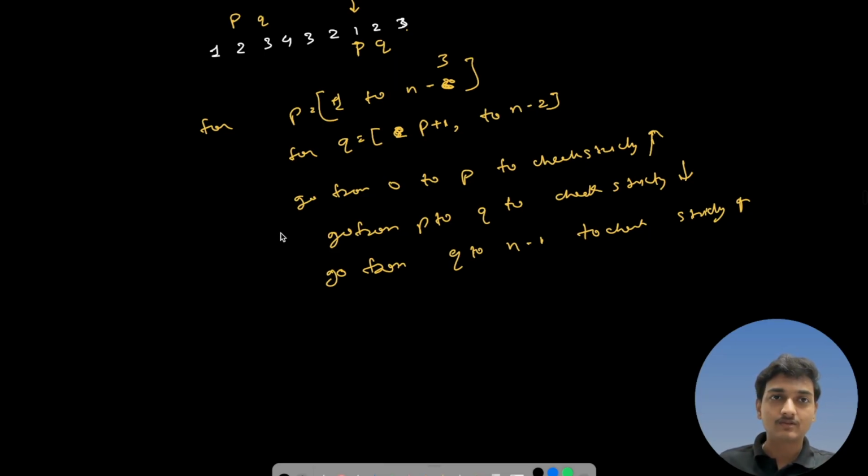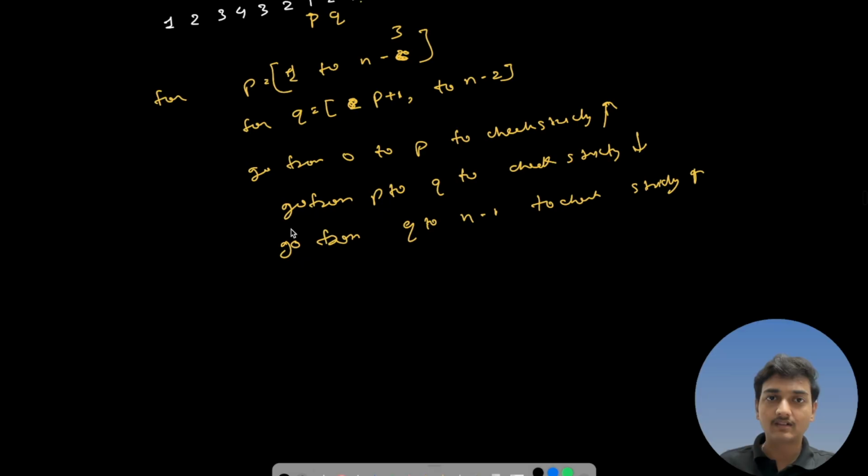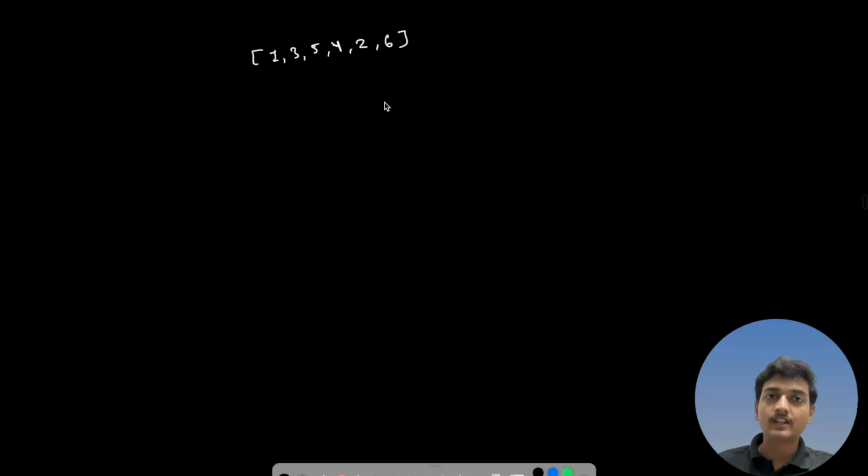Okay, so let me bring down the test case. Here is my test case. Now, just to recall one thing, my P and Q would be lying in this range, and P must be less than Q. This is the condition, right? What is the other thing that I should observe? nums of 0 would always be less than nums of P, and nums of Q would always be less than nums of minus 1.